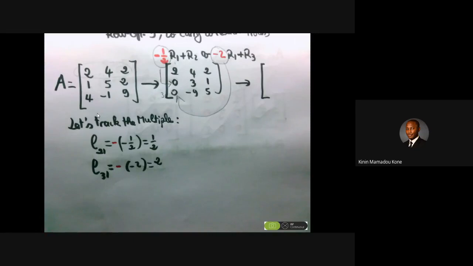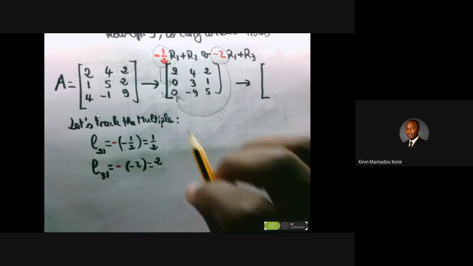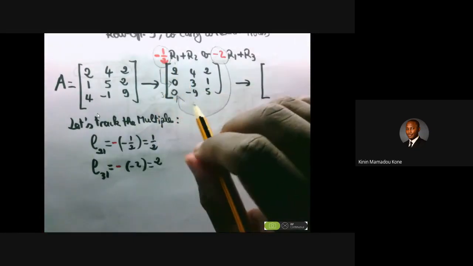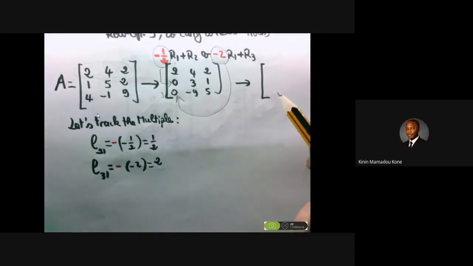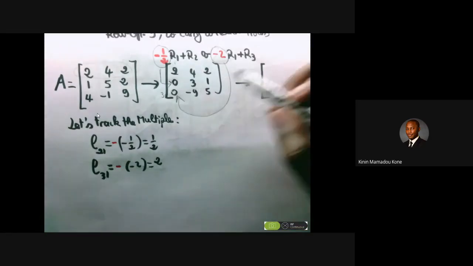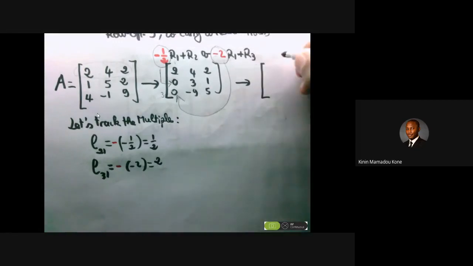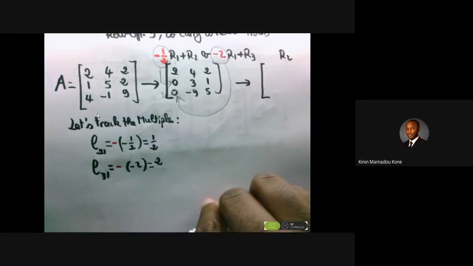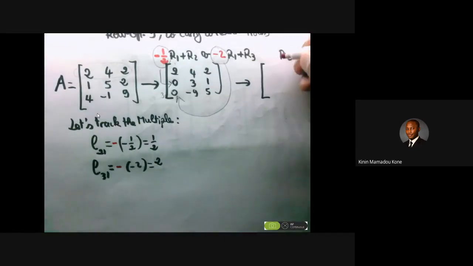My goal, using the row reduction process, is to obtain a lower triangular matrix. So now I want to eliminate the 3 that is here. So I'm going to take row 2 multiplied by negative 3, by plus 3, and then add it to row 3 to eliminate the entry in row 3.